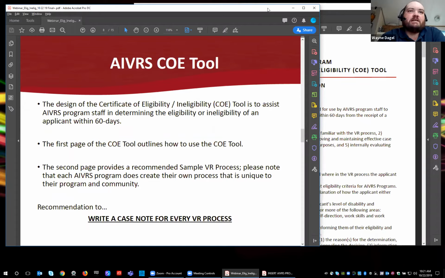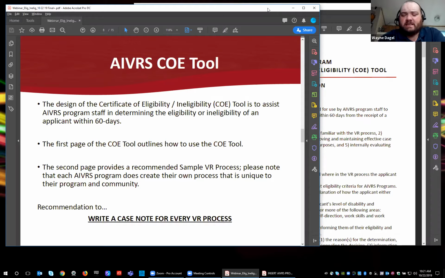Okay, so the design of the tool is to assist all program staff in determining eligibility or ineligibility of an applicant within 60 days. So every program has their own internal structure. There's programs that have VR counselors and directors that determine eligibility. There's programs that have a VR tech that assist in the determination of eligibility, with the final say being with the VR counselor.